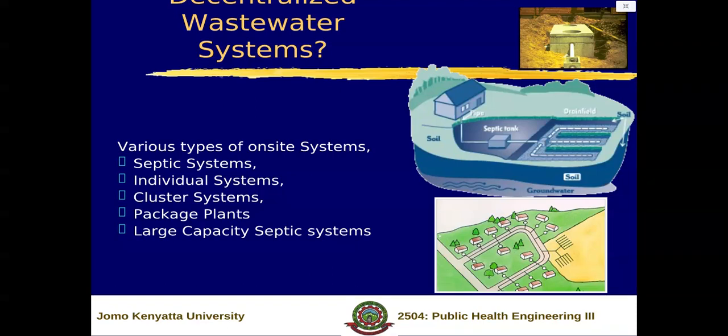These systems come in many ways. One of the ways can be simple things that we know, like septic tanks. It has to do with individual systems. It can be clustered as here. It can be a package, more like a generator.